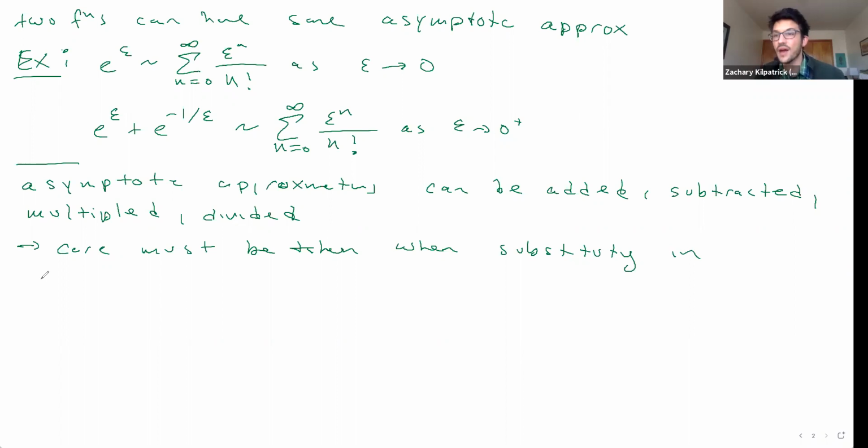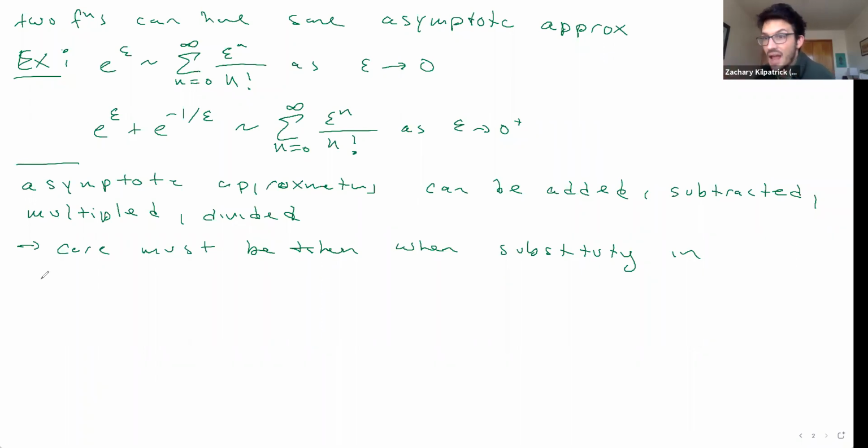For instance, if I have one asymptotic approximation and I write down some recursive function, like f of g of x, I can try making a substitution in, but then I may need to expand, or I may need to respect the order of the particular arguments that I'm taking the limit in.